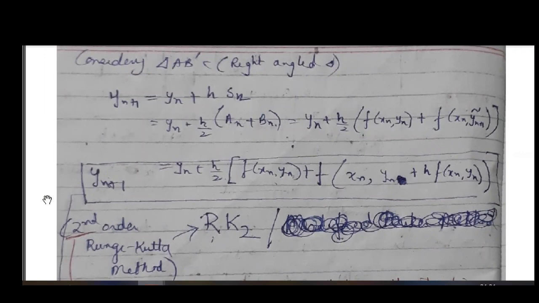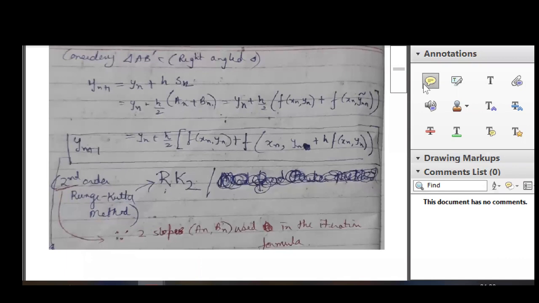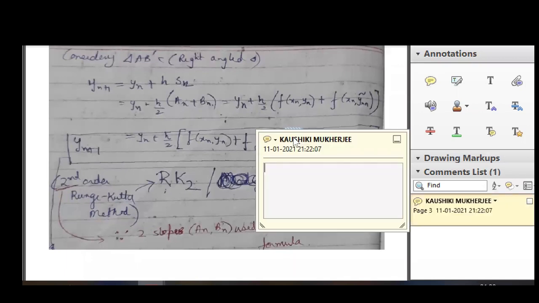The RK2 method, the algebraic way of finding. Okay. So this thing you are getting here. So this is right to here. It will be xn plus 1. Let me add this comment here. It will be xn plus 1, xn plus 1. Okay. Not xn. The last term.